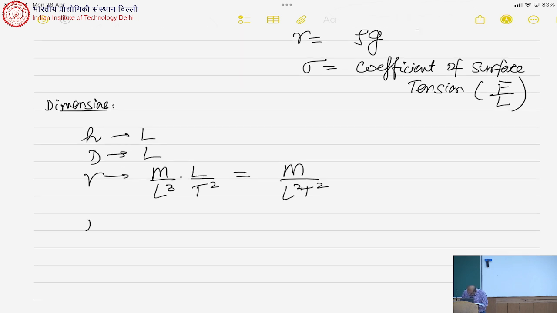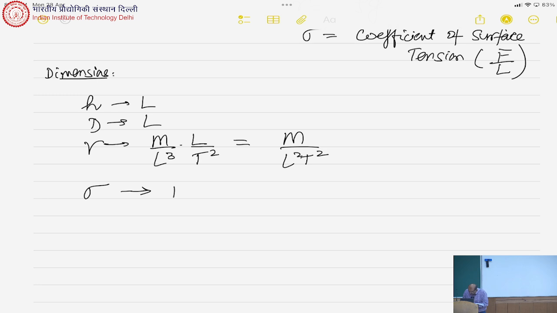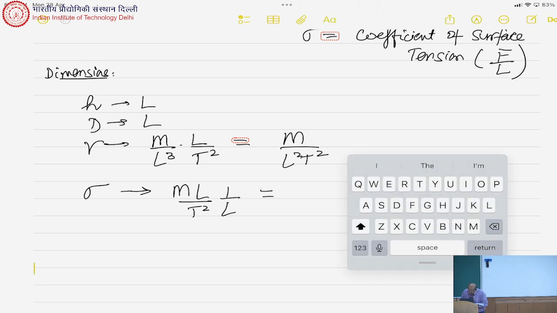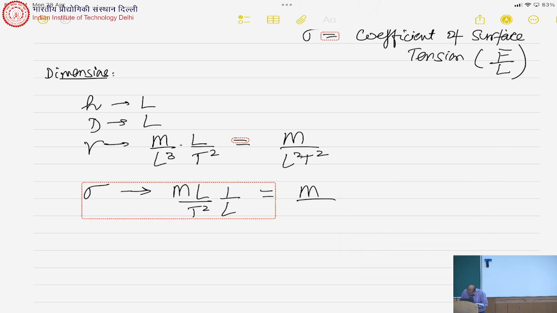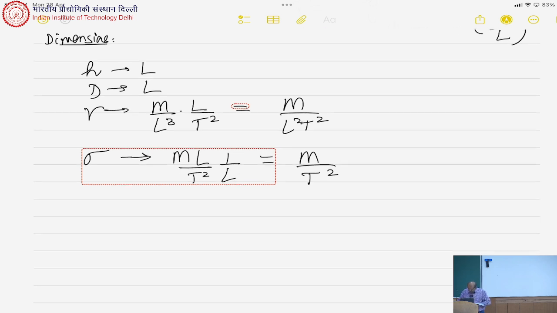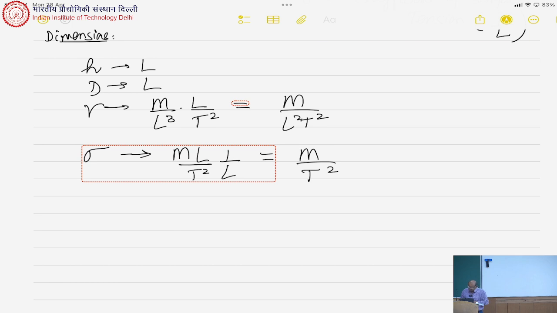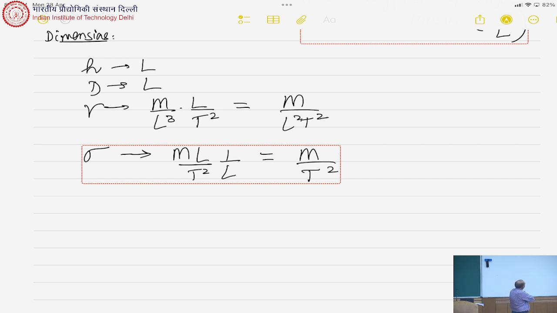And what is surface tension sigma? This is force, M L by T square, into 1 by L, is equal to M by T square. Now the question comes, how many repeating variables do we have?